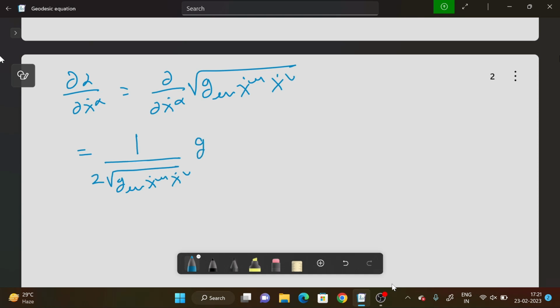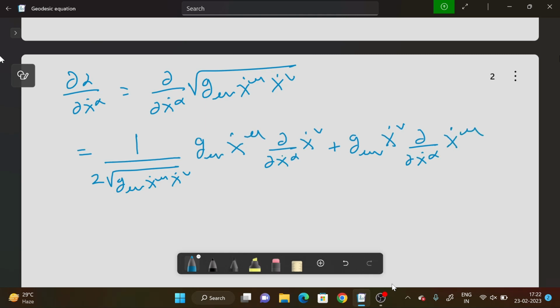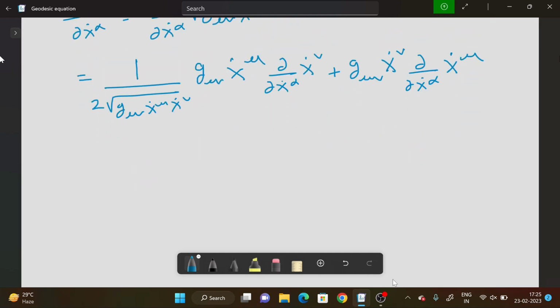So we'll write g mu nu, leave the first term x dot mu and take the derivative with respect to the second term, which is x dot nu. Then we'll leave the metric tensor and the second term and take the derivative of the first term, which is x dot mu. Let us simplify this equation a bit further.